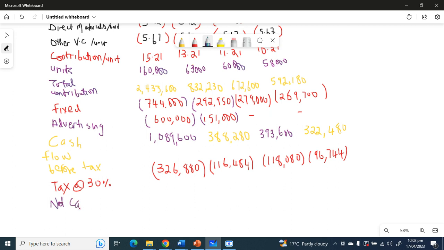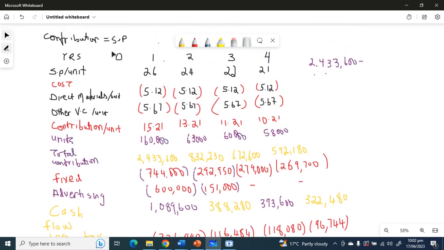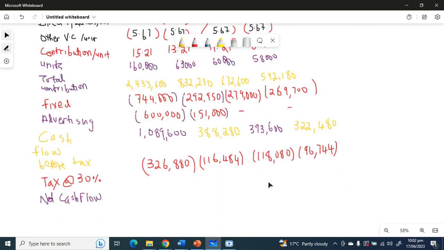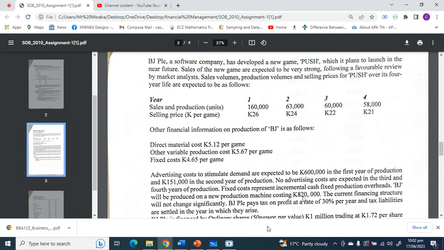Now, just hold on before we go further. Remember, there's a column here for year zero. We're purchasing this machinery so that we can be producing the games. So under year zero, once you reach this part for the net cash flows, you're going to put the cost of the machine, which was how much? 820,000.